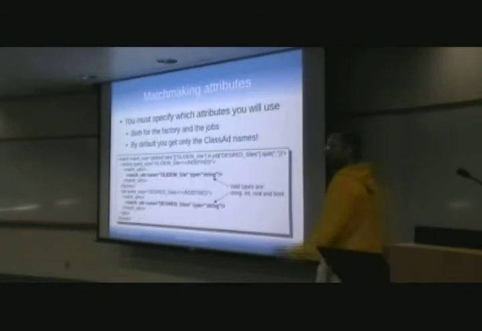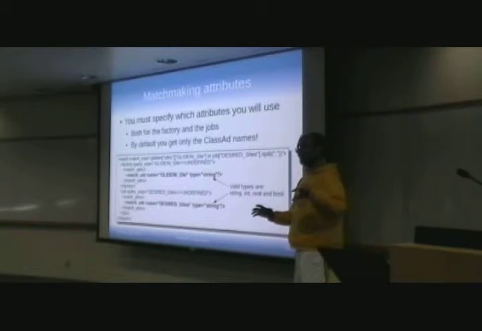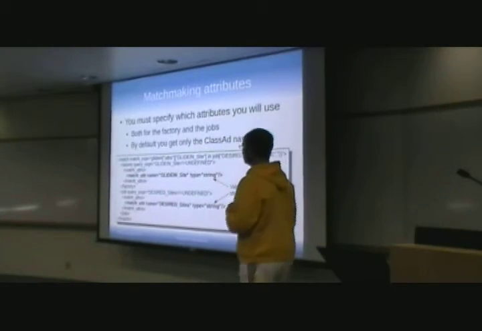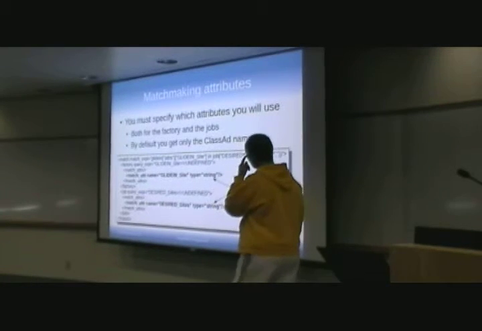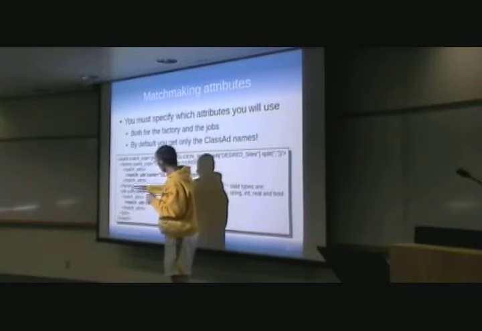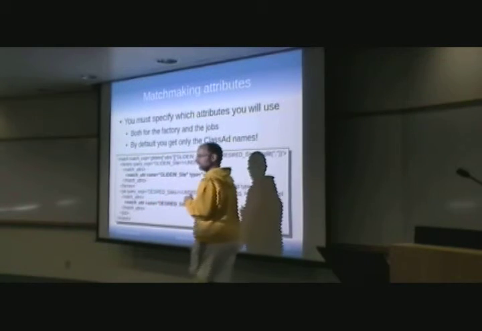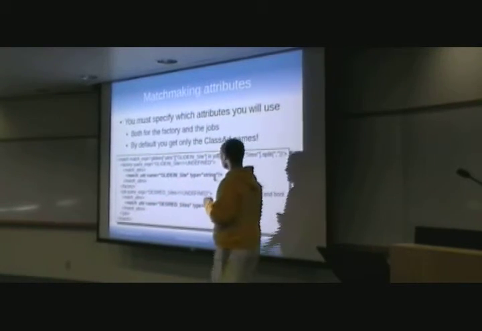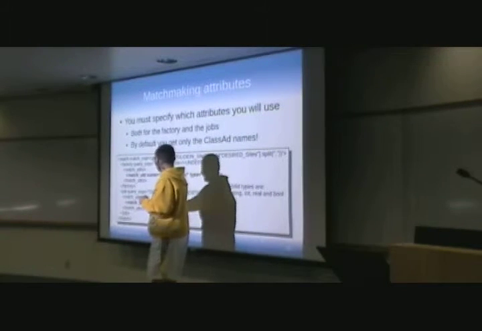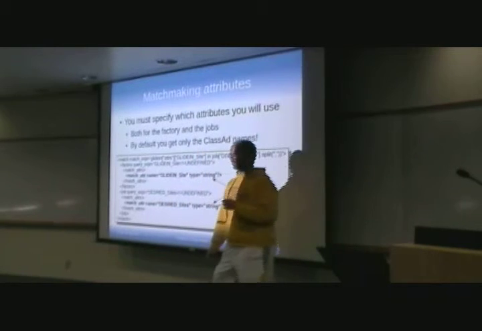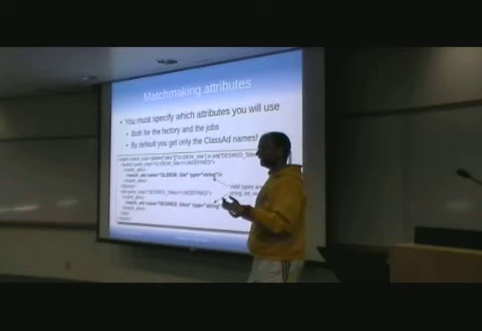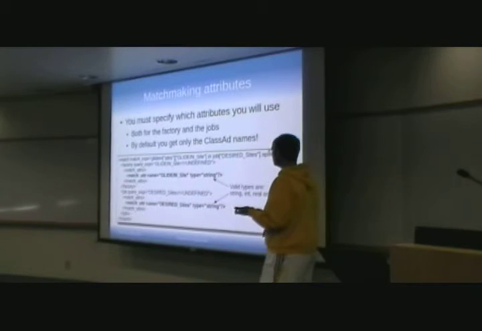However, that was the easy part. That was the 101, and now to actually make it work, you have to add a little piece more. When you have the factory and the job sections, you actually have to specify which attributes to extract from the factory class ads and from the job class ads, because it's essentially an optimization knob, the required one.